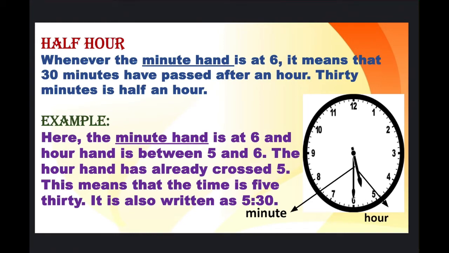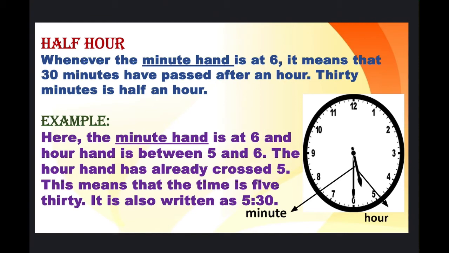The hour hand has already crossed 5. This means that the time is 5:30. It is also written as 5:30.